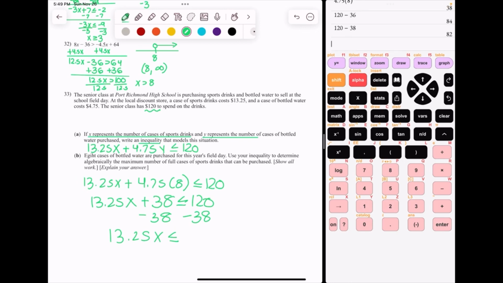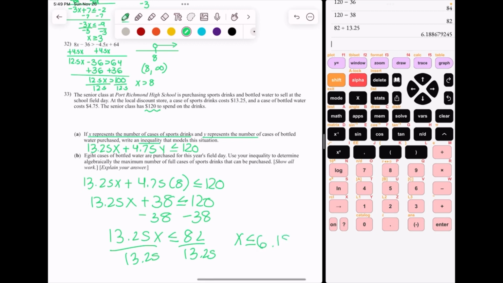Then divide by 13.25. Oh no, other way around. 82 divided by 13.25.